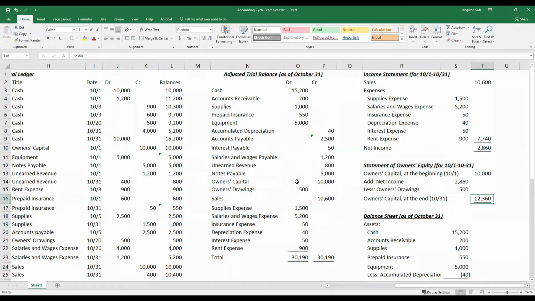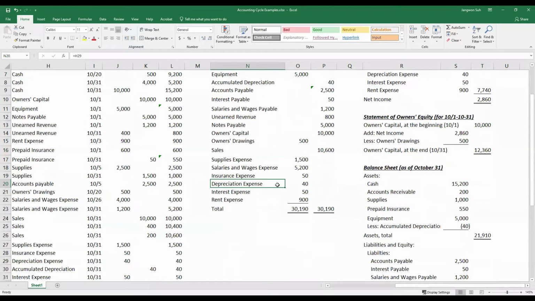The other question is, as we've seen in the last video, we need to zero out all of the temporary accounts, right? We need to zero out all of the temporary accounts before beginning a new period, before beginning November 1st, in this case, okay? So let's do that.